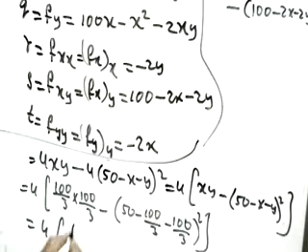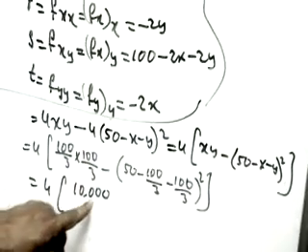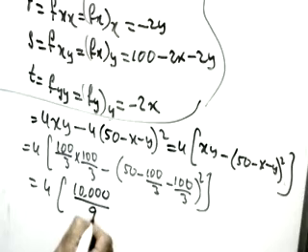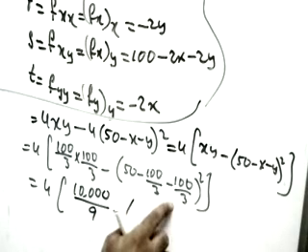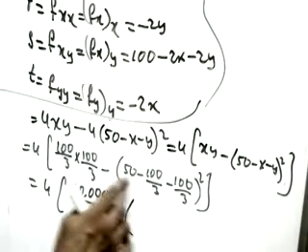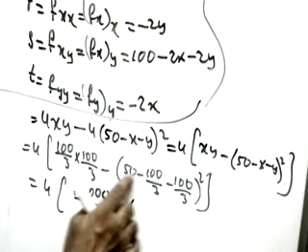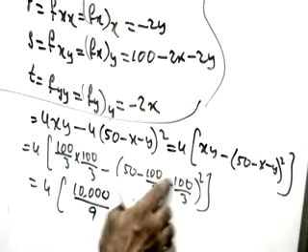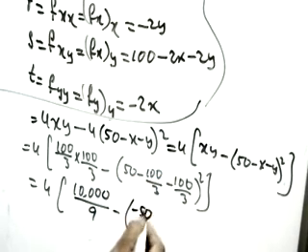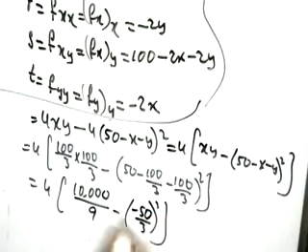whole square. Let me solve it. In 4 into this, 100 into 100 is 10,000, divided by 3 into 3 is 9, minus. Watch carefully. If you take LCM, this will be 3 into 50 is 150. 150 minus 100 is 50, 50 minus 100 is minus 50 by 3 whole square.